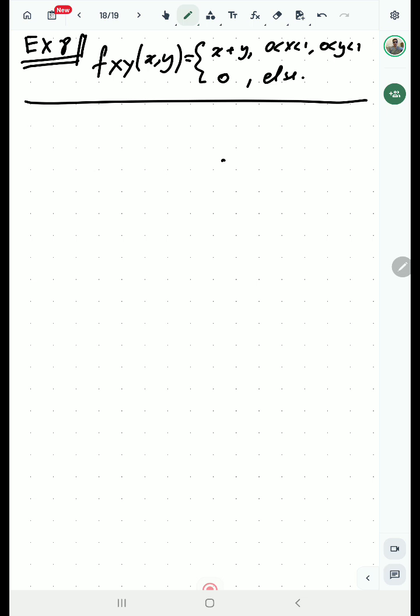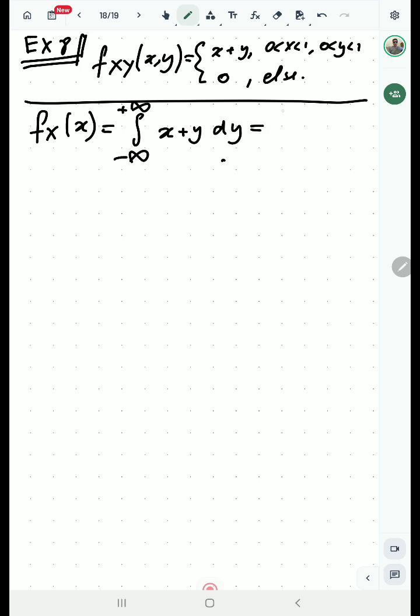So we need to find the marginal densities, meaning we need to find f_X(x). And we know that you can find it using integration with respect to y. So f_X(x) is equal to the joint density integrated with respect to y from minus infinity to positive infinity.